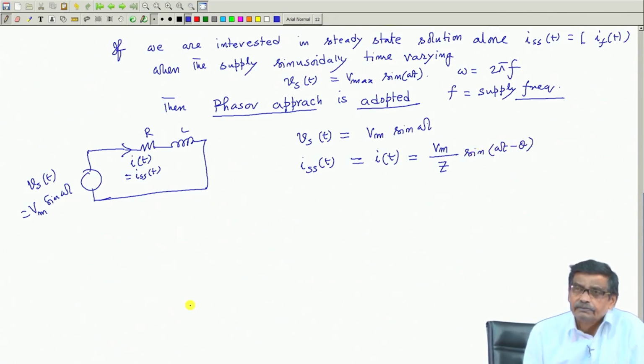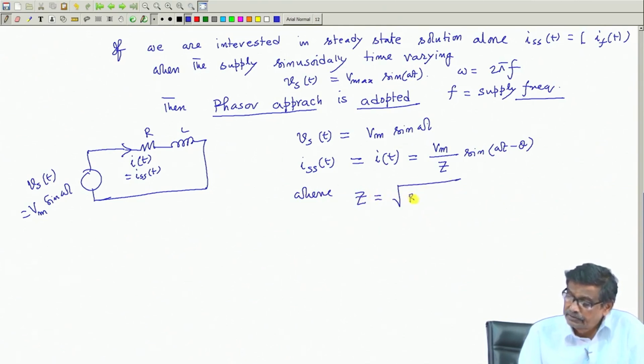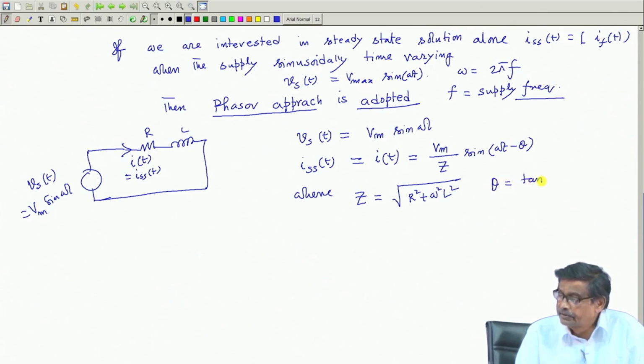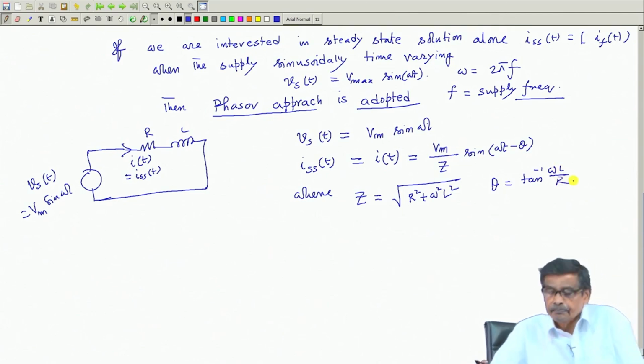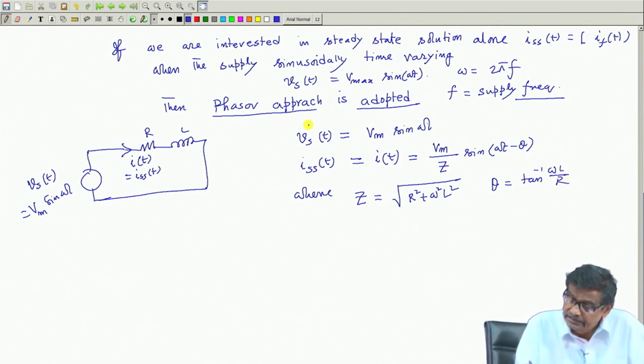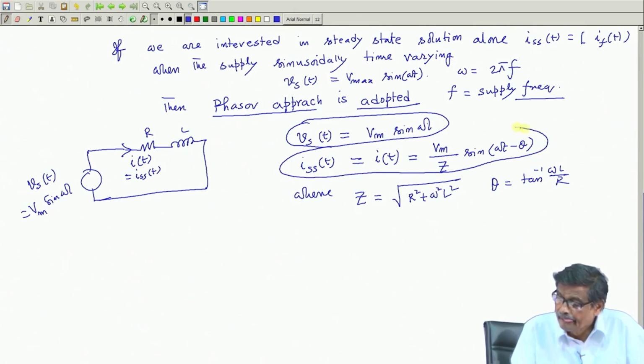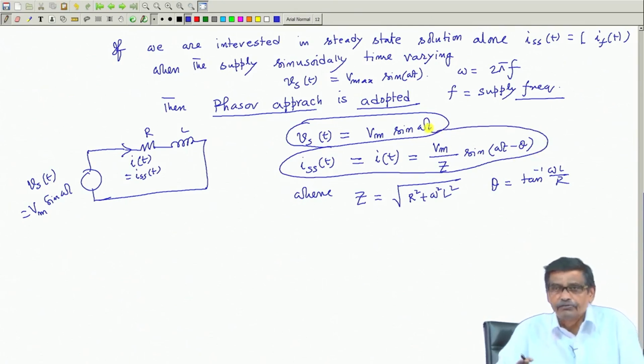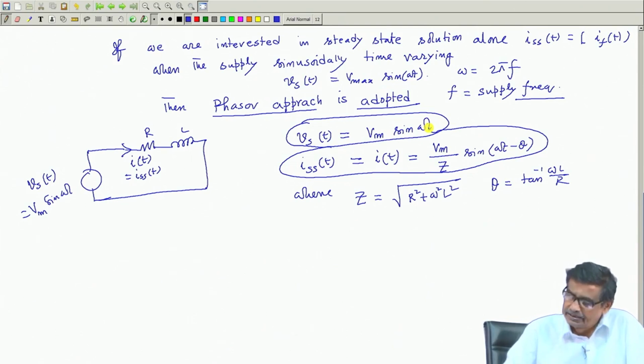The natural response, forget it, where Z is equal to root over R square plus omega square L square. And what is theta? Theta is equal to tan inverse omega L by R. This is known. Okay, with this thing known, what is Phasor approach? For the first time you have to solve it classically like this and get this one.